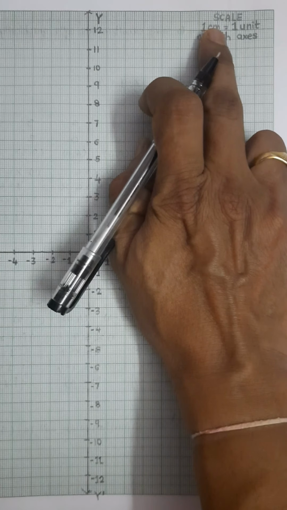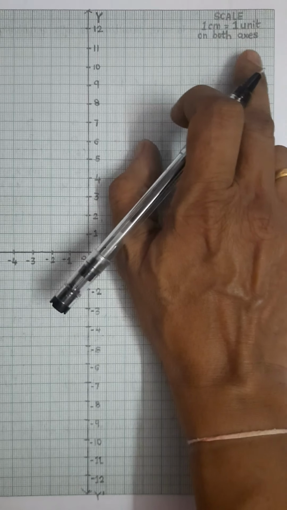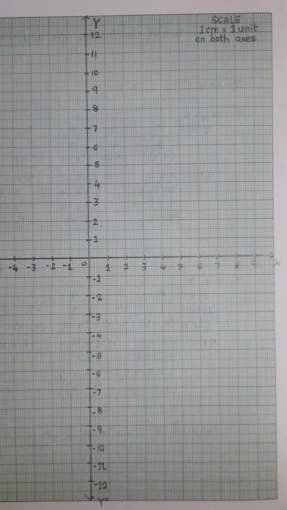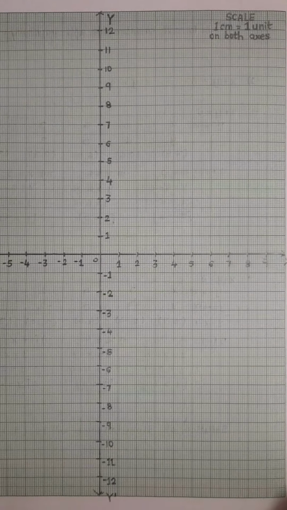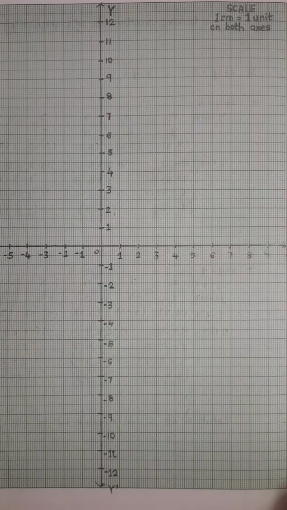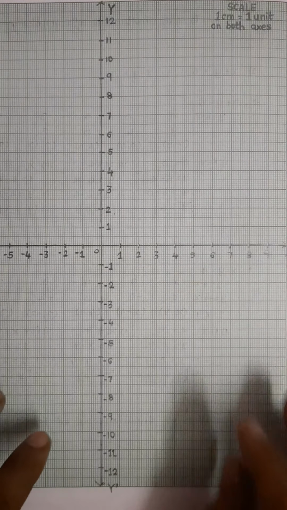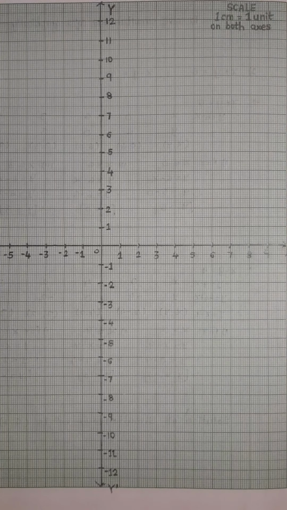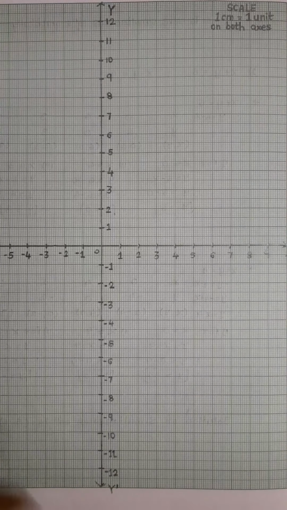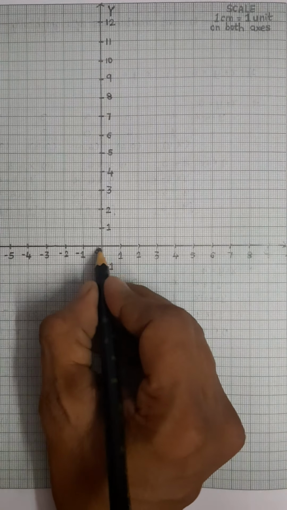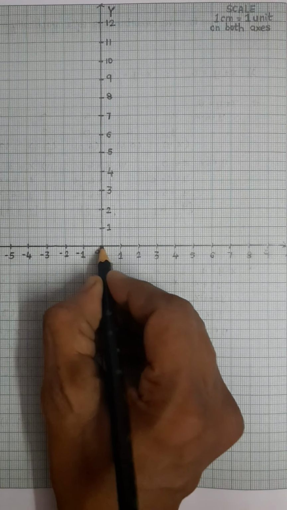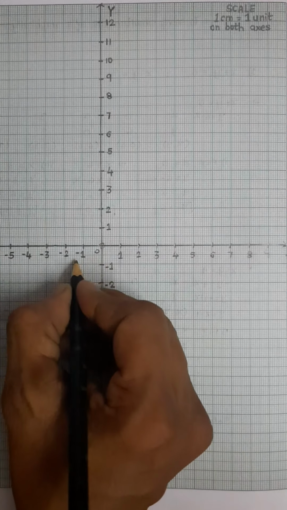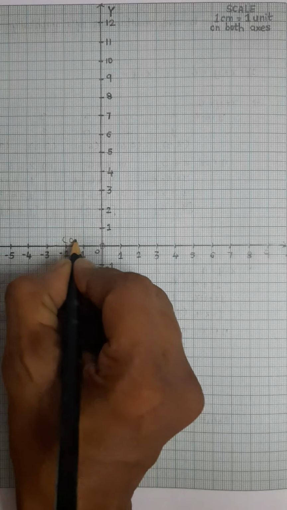It is 1 centimeter is equal to 1 unit on both axes. Now we have to plot the 4 coordinates. First one is the x coordinate is 0 and y coordinate is also 0. All of you know that this is the point of origin. Therefore we get here our first point, that is 0 0.